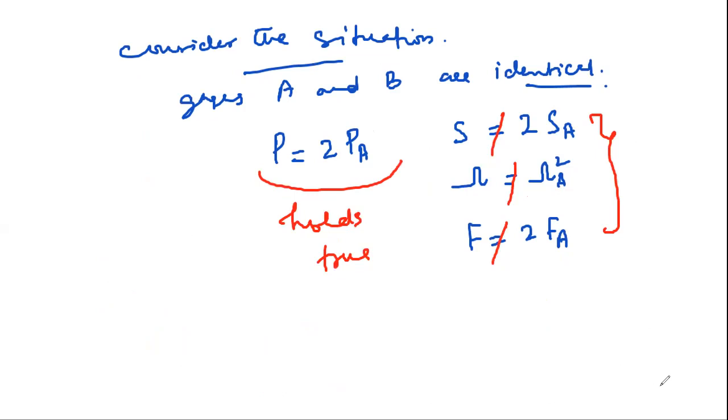Now, where is the issue and how is this paradox resolved? This is resolved by the fact that when the gases are identical, molecules are identical, then they are competing for the states. Remember, they are competing for the states.